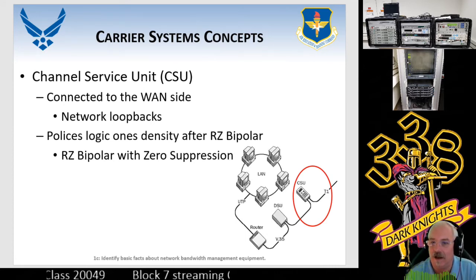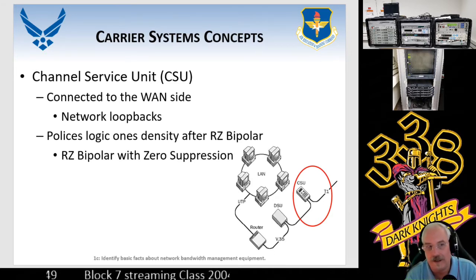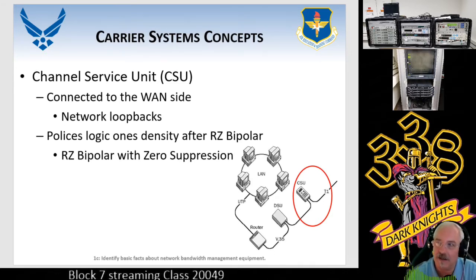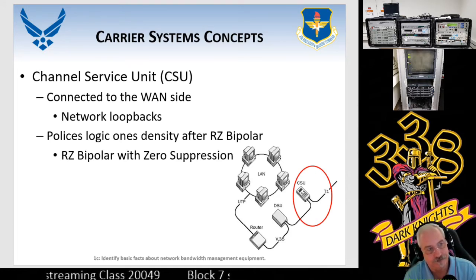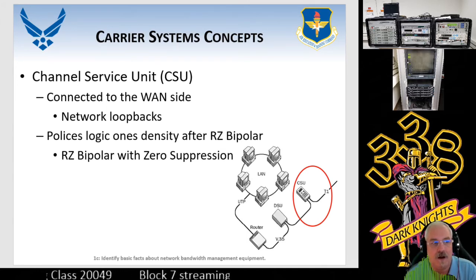This is all because with these internet providers, they got to figure out where they're going to send the technician. It doesn't make any sense to send a technician to your end when it's not your end, it's the server end, and vice versa. With this one, the CSU does network loopbacks. This one, what they call RZ bipolar with zero suppression.